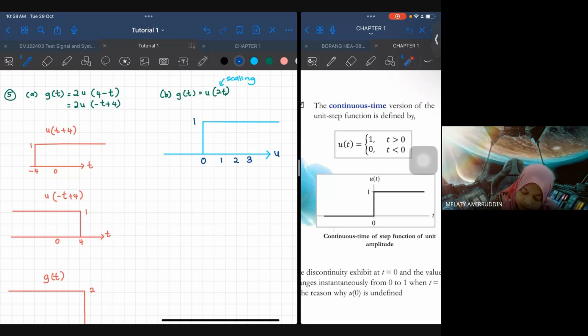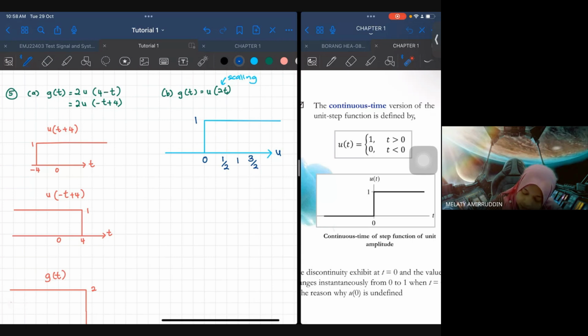Only the signal becomes 1/2, 3/2, 1, and until infinity. The signal still has the same shape. This is the G(T) signal.